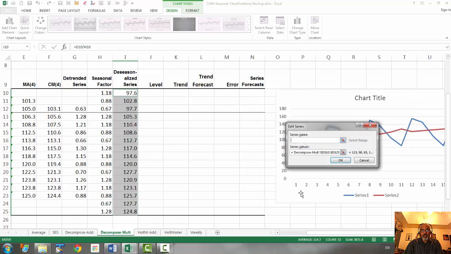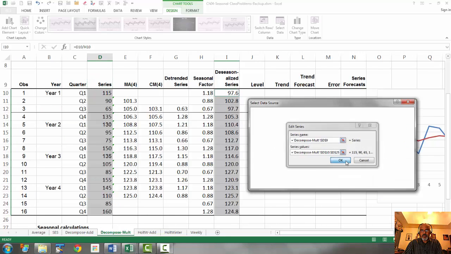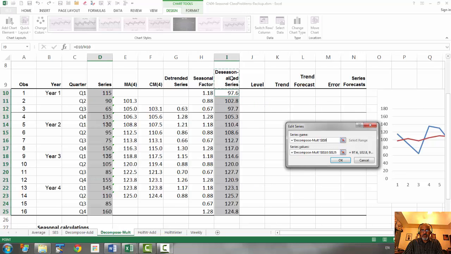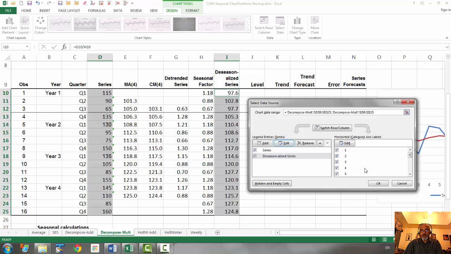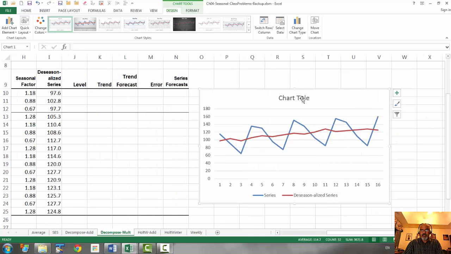So the first one is the series, the second one is the deseasonalized series, which means there is only trend. The chart title is time series plot.